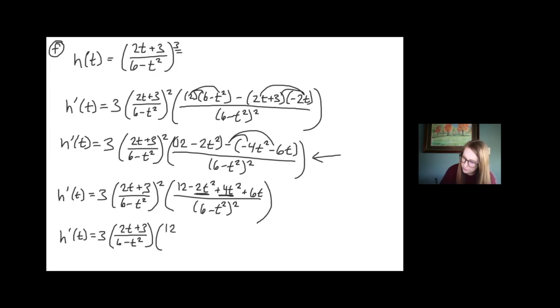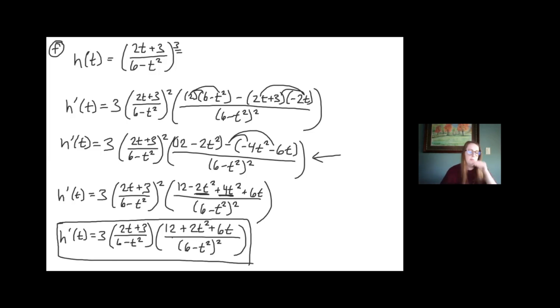Negative 2 plus 4 is positive 2t squared. All right, that's it. That's our derivative.